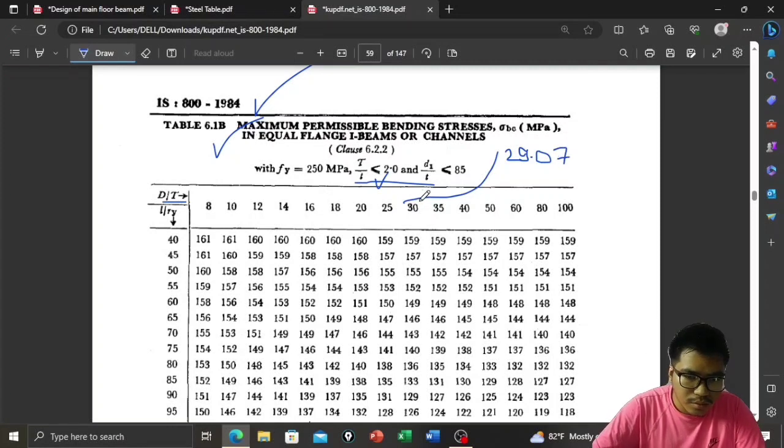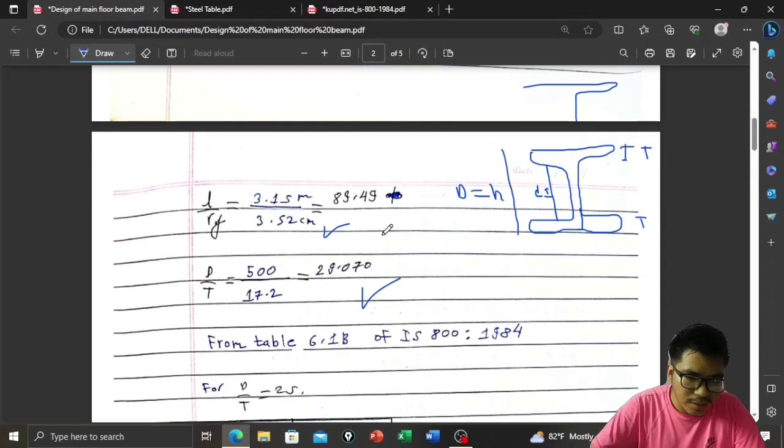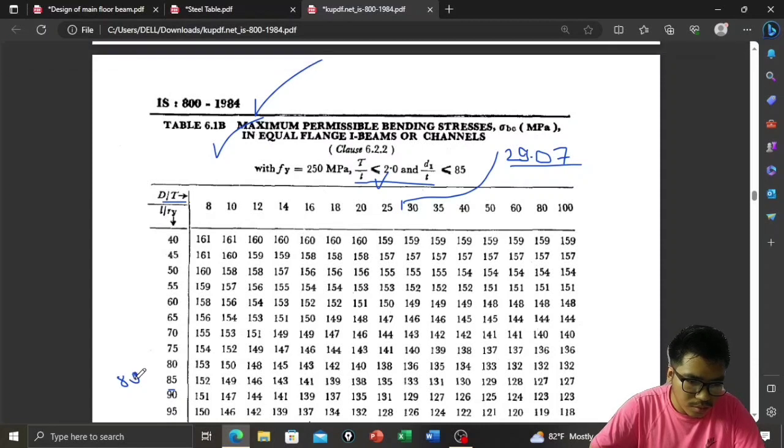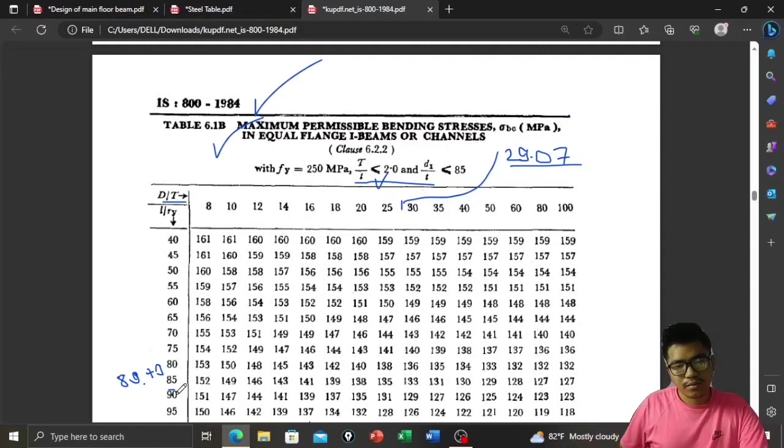In between 25 and 30, this 29 lies, so this will be something here. And L by ry is 89.49, which lies in between 85 and 90.